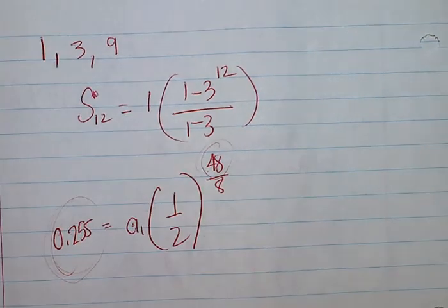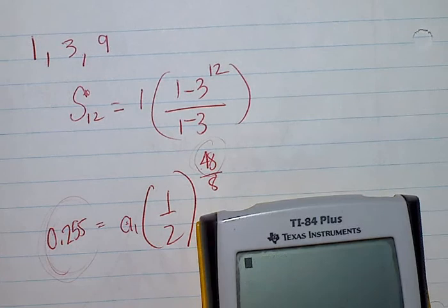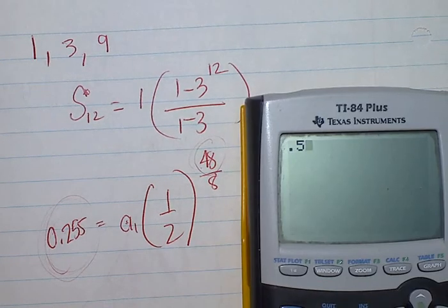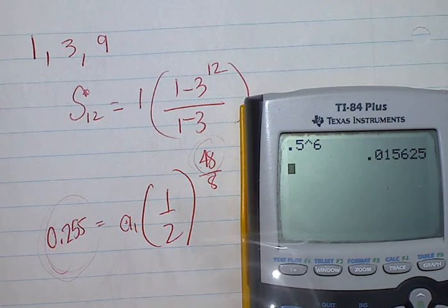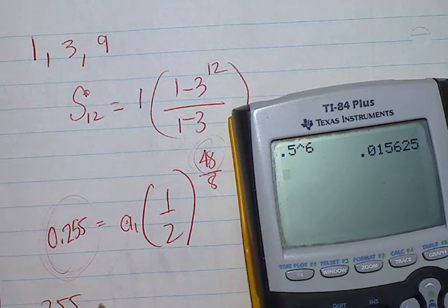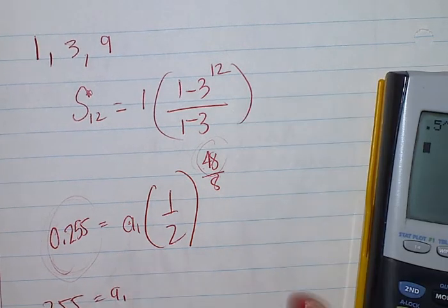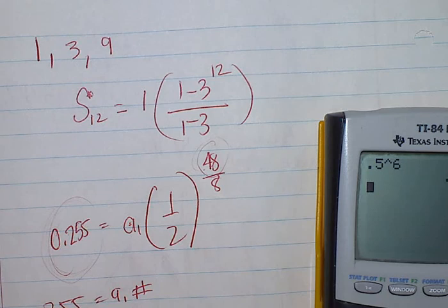So how do we get that? Grab your calculator. Let's plug in 0.5, or you could put 1/2 in parentheses, and let's raise it to, we could put in parentheses 48 over 8. Hopefully you know that's also 6. So this is the amount right now that I have on this side. So I'm going to be lazy right now. I have 0.255 equals the initial amount times what I see on my calculator.